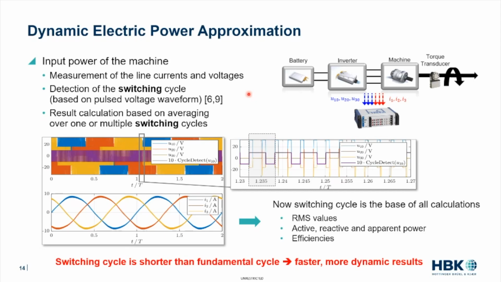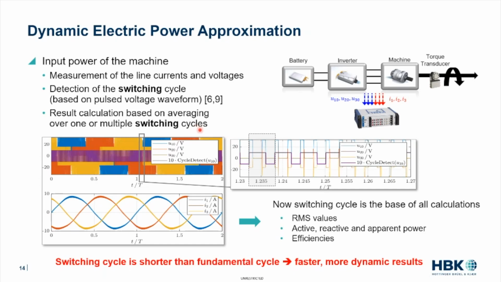So you measure the voltage and the current, you detect the switching cycle of the inputs, and then you do a result calculation over one or multiple of the switching cycles. And that is, of course, way faster, because you typically have a fundamental frequency of a few hertz or a few hundred hertz, but your switching cycle is typically 2, 8, 40, or 100 kilohertz, so way higher.